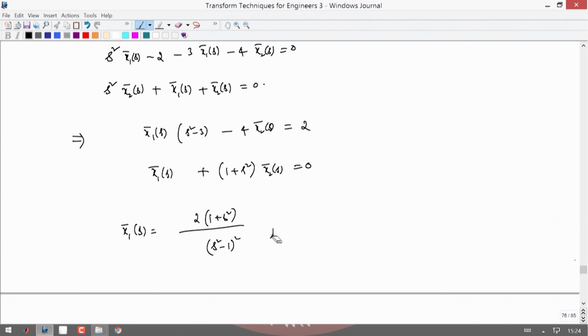So, this is my x1 bar of s, other one is x2 bar of s, denominator is the same, s square minus 1 whole square. And numerator, this is the determinant of 2 0, you put it here in the second column, and you write the first column as it is, that is s square minus 3 and so on. So, you have minus 2 comes up.